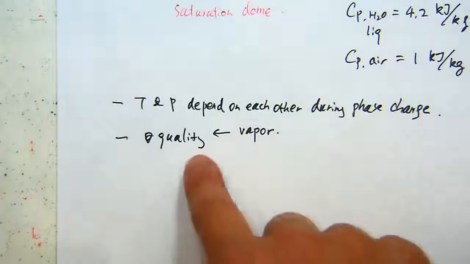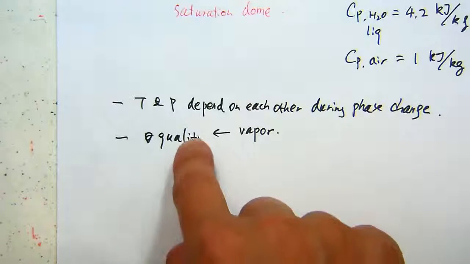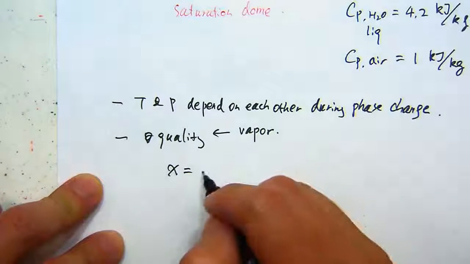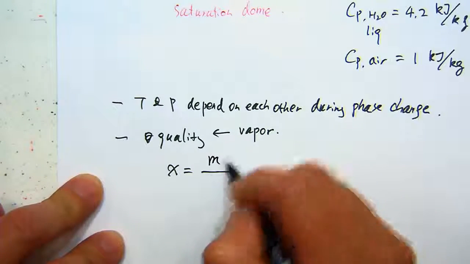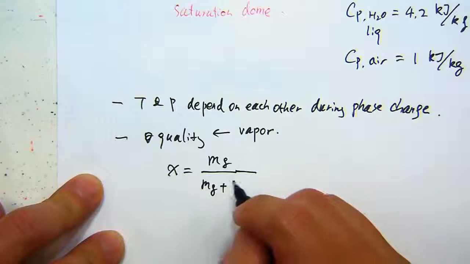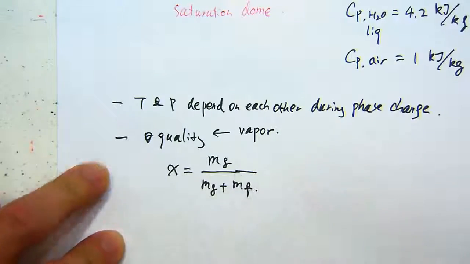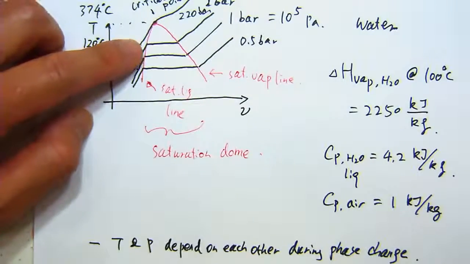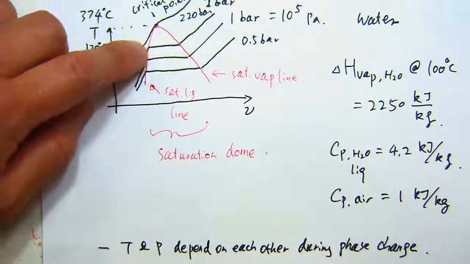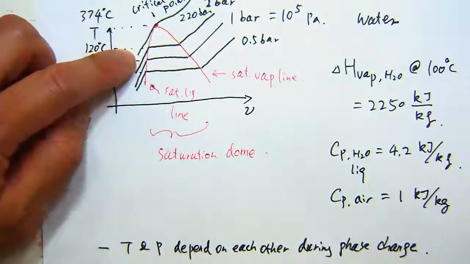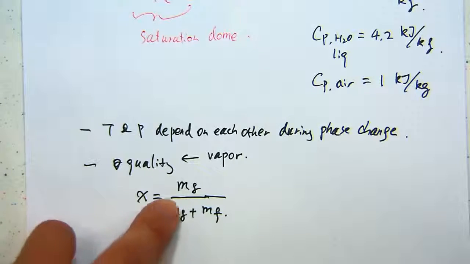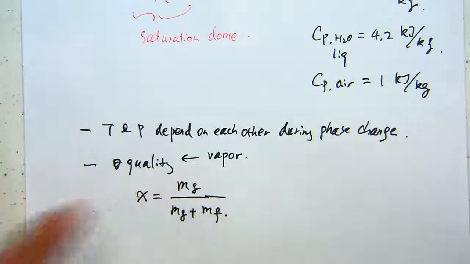So we use it in general for the vapor quality, and we use X for it, defined as the fraction of the vapor in the total mixture. So in this horizontal line, except at the start and the end point, you would have the gas or vapor and the liquid coexist. So the quality is defined as the fraction of the vapor in the total mixture.